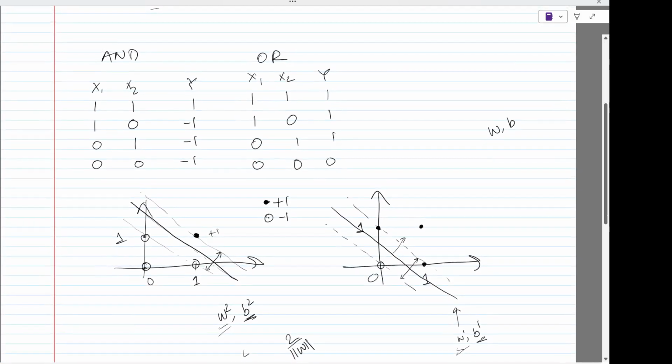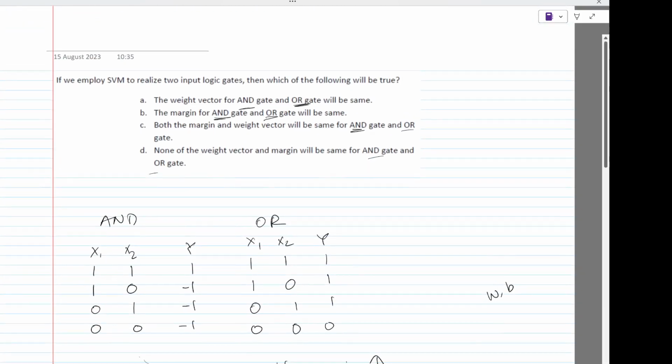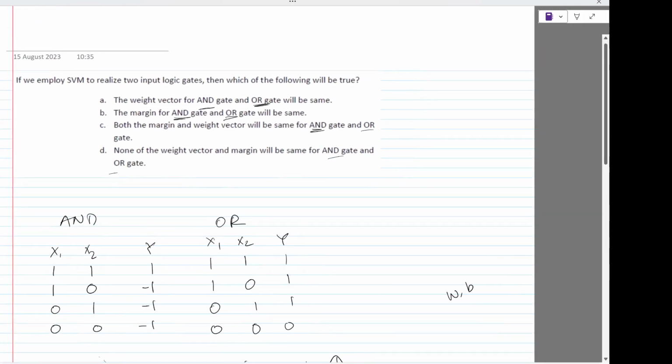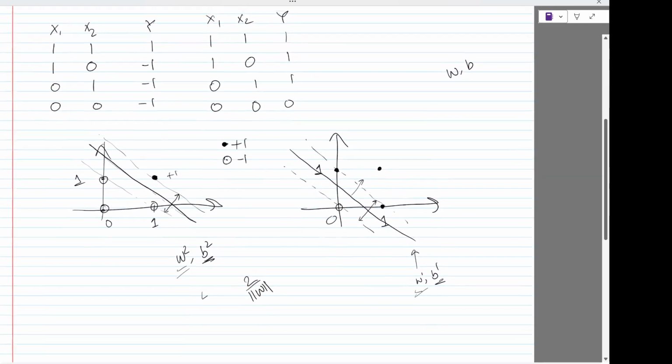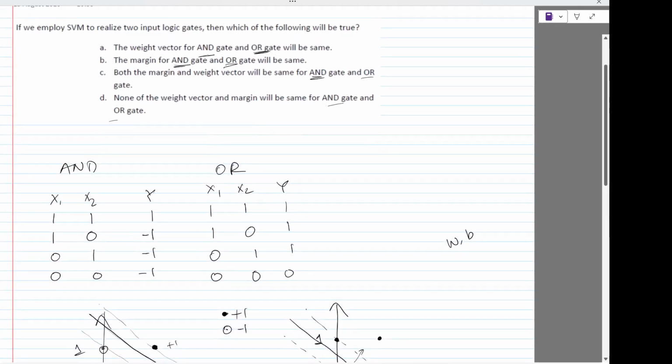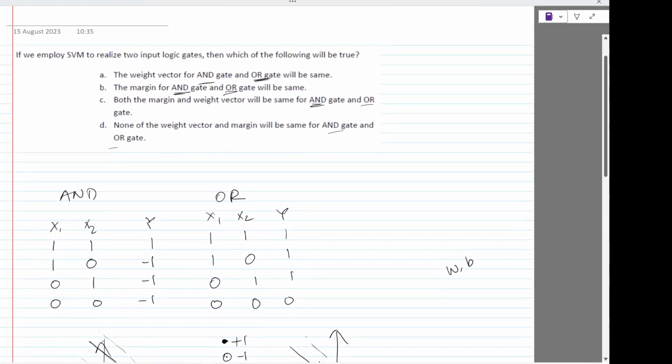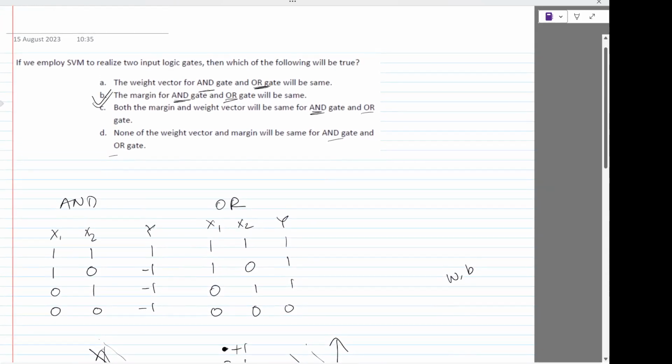Not the margin vector, the margin value. The margin will be same for AND and OR gate, but the B will not be same because B has shifted. So we can say B is the answer, right? Because the last option is saying none of the weight and margin will be same, but we know margin is same.